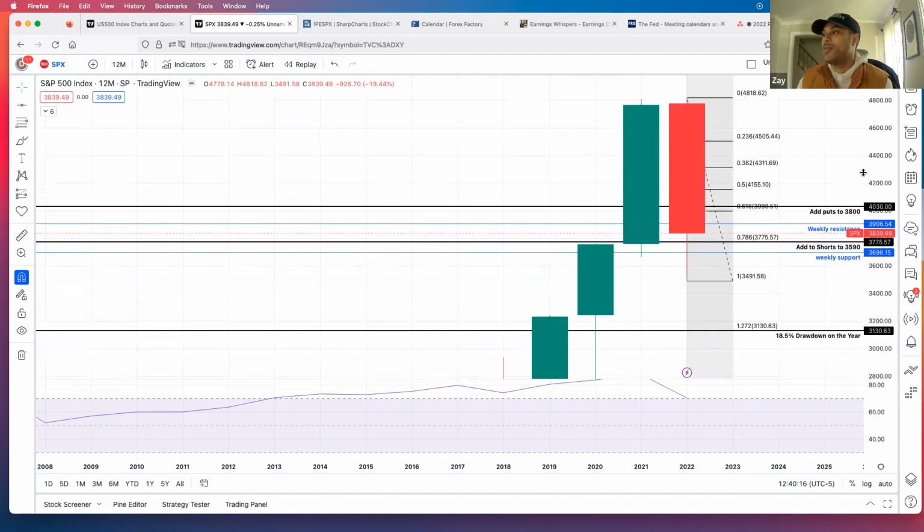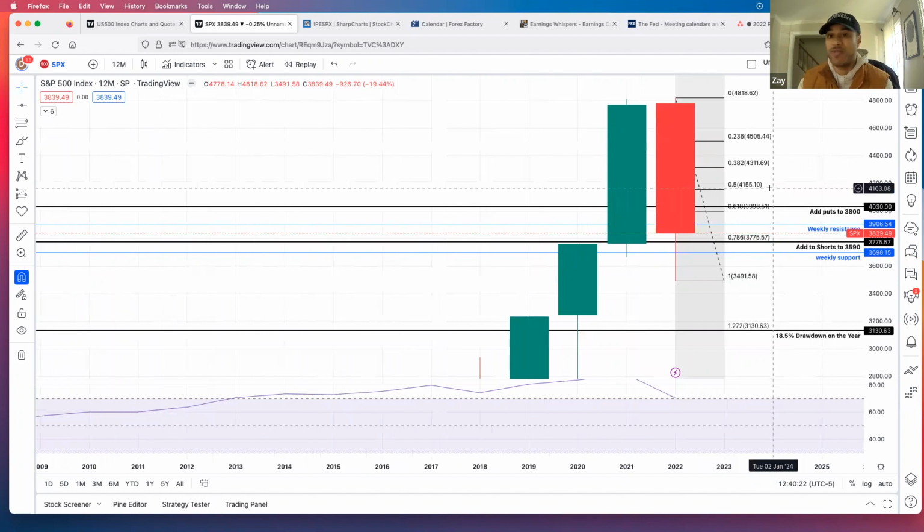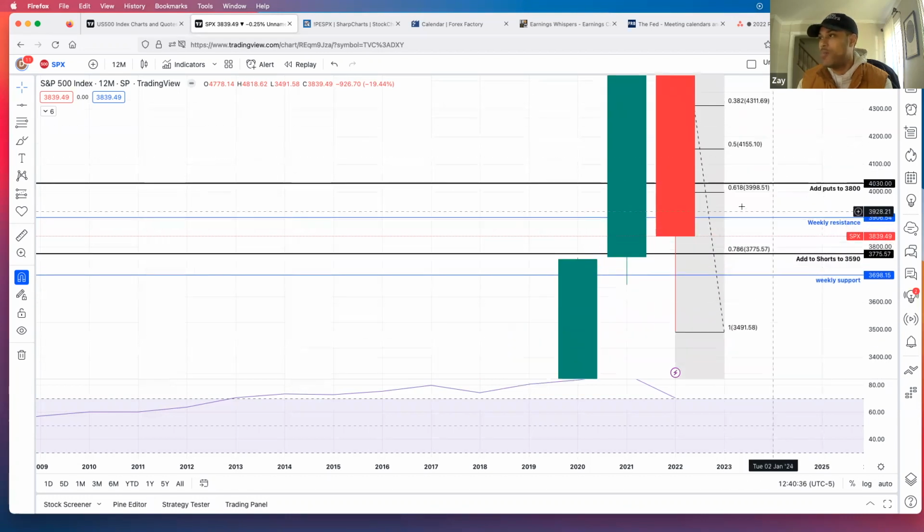Now, early 2023, there's a lot of commotion that people are talking about, supposed to go down when it comes to the first quarter. At the end of the day, our next fib level is 3,998.51, our 0.618 fib extension. You can't really see that because I have this line in the way.